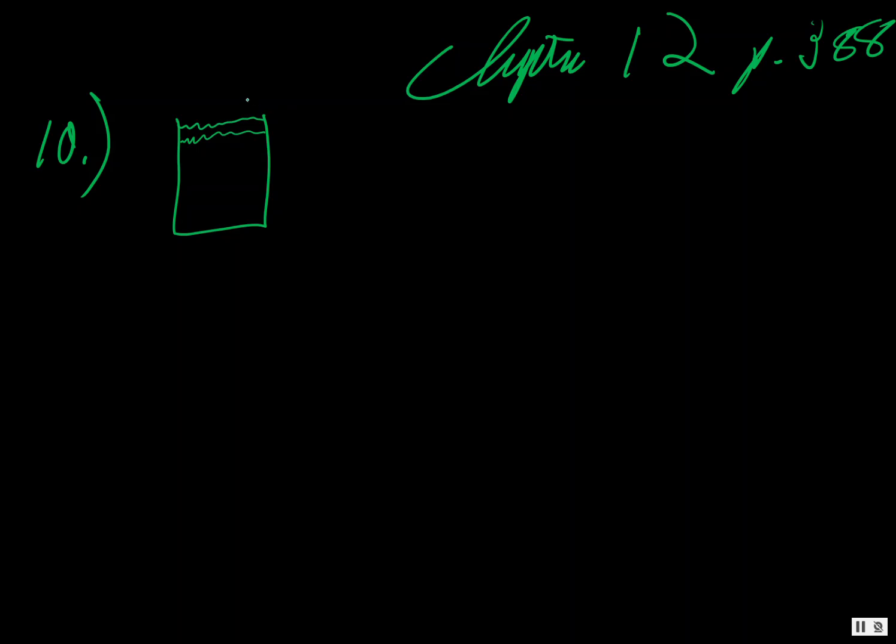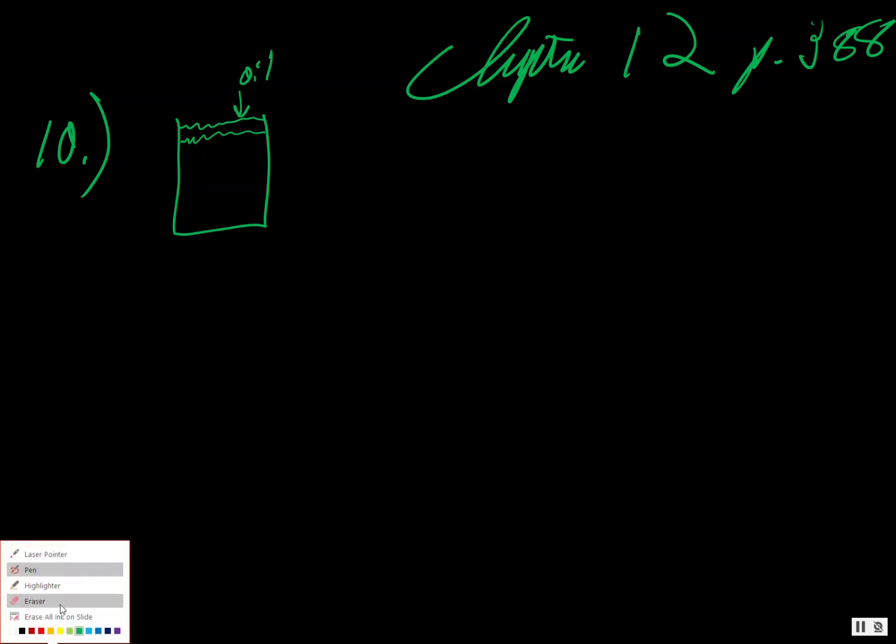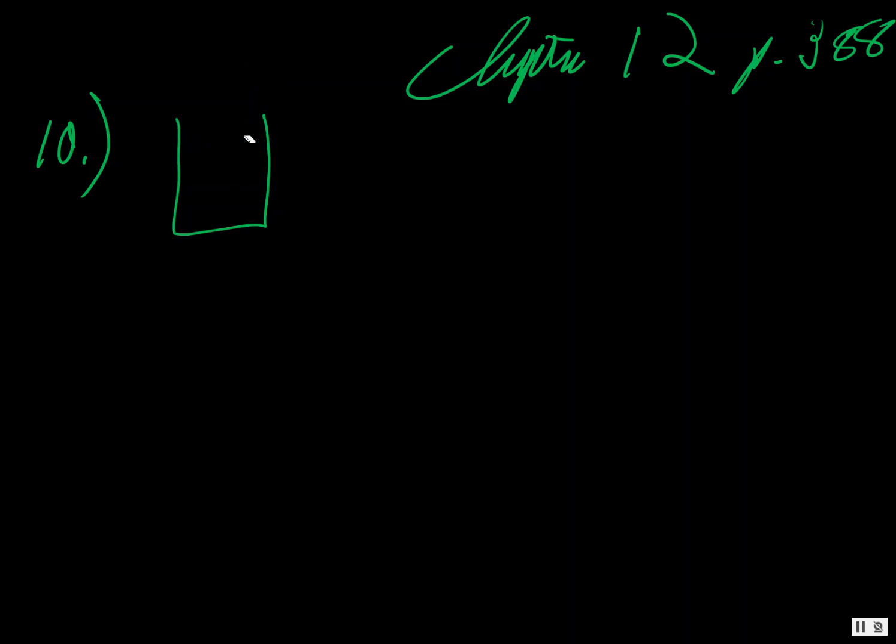That right there is oil, and I probably could have made the layer thicker because the barrel's not that deep. Let's fix that. Try to keep it to scale here. It's almost half of it.